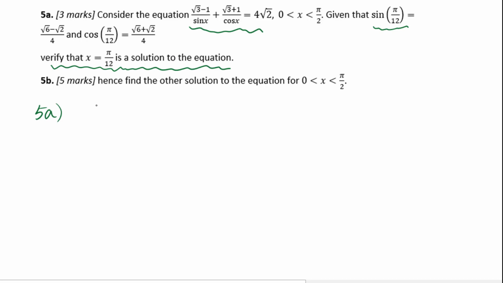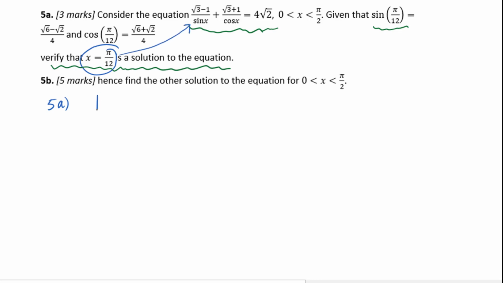For the 5a, if we want to verify x equals pi over 12 is a solution to the equation, we just need to plug in x equals pi over 12 to this equation.